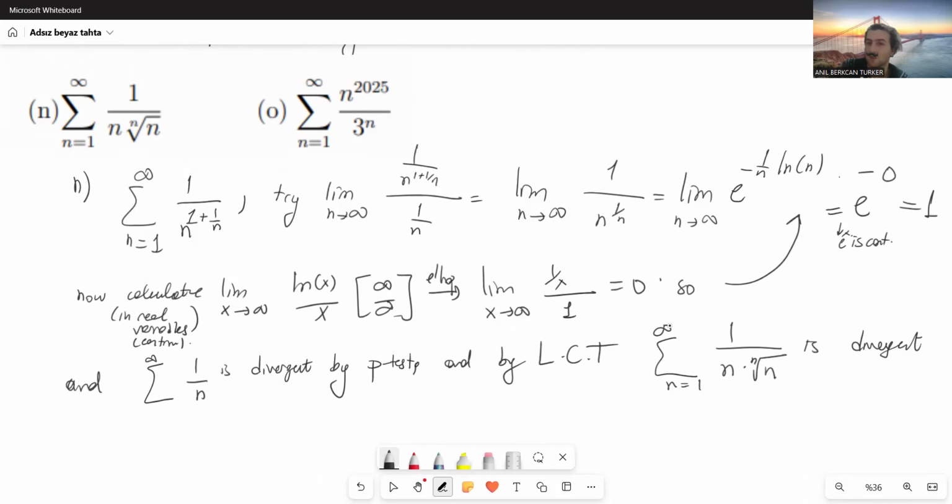Because we have found that this limit of comparison is 1, not 0, not infinity. So they behave the same. Of course, there are things going on when the limit is infinite or 0, but we don't have to deal with it. If the limit is between 0 and infinity, their behavior is the same.